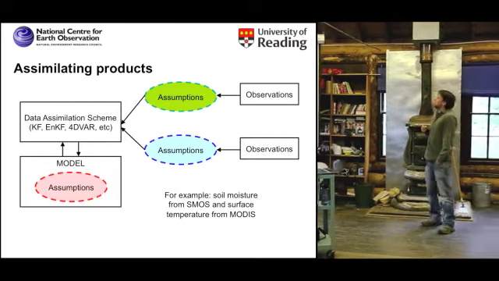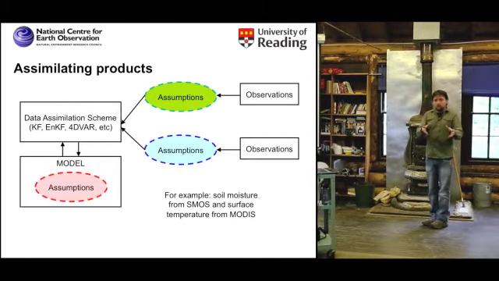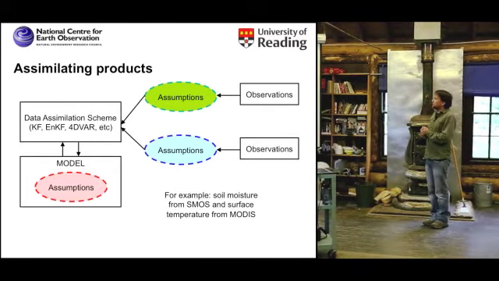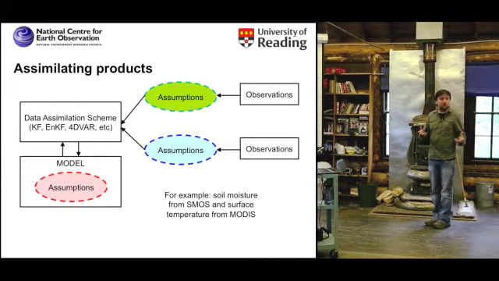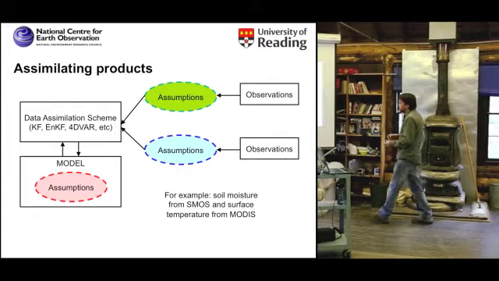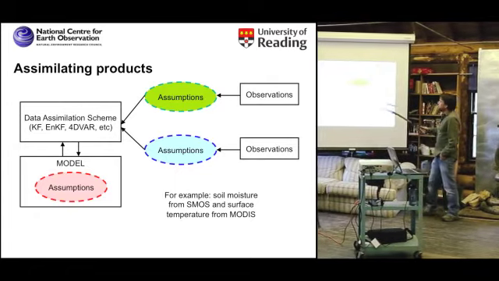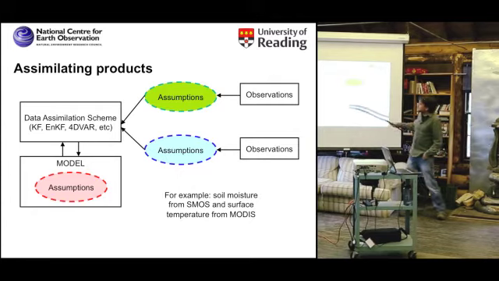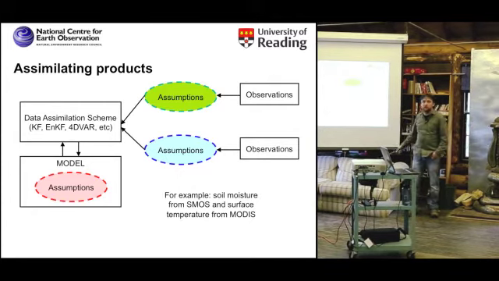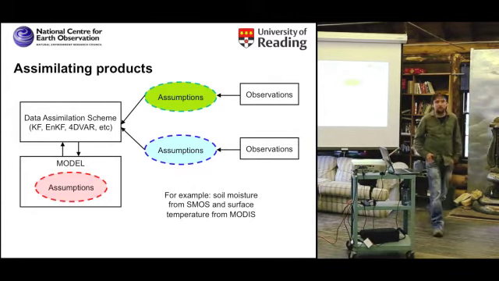Okay, so I took that model as a starting point. And the first thing to think about is basically what I've already explained. Should we assimilate those high-level products from satellite data? I don't need to go over this because I've already explained it. But basically, we have assumptions in those things which disagree with the assumptions in our models.